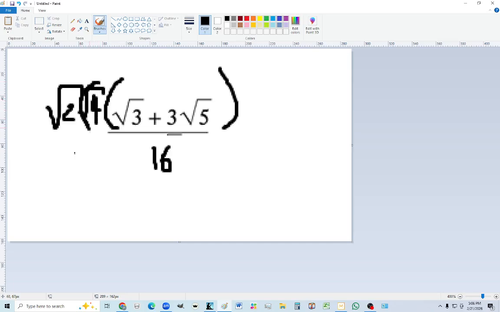And I'm going to say the square root of 4 is 2. So since it's 2 times this times that, the 2 can divide into this. And it just becomes 8.